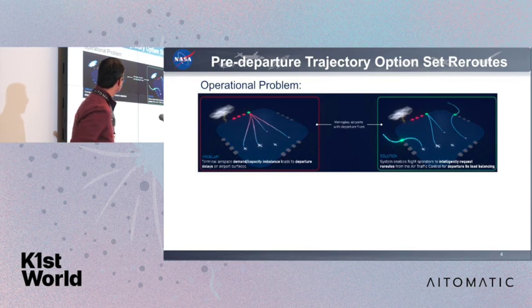Here is a cartoon image that describes the problem that we're trying to solve. On the left-hand side is an illustration of the problem. The way to think about this is through an analogy, like Google Maps or Waze.